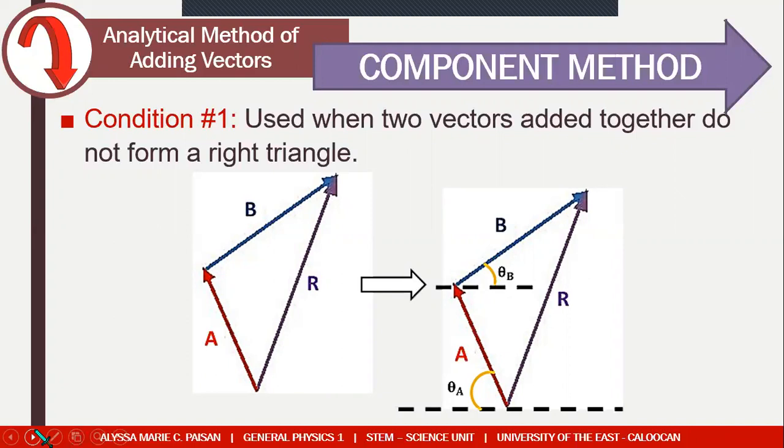So here are the conditions for using the component method. The first one is it is used when two vectors added together do not form a right triangle, just like this one. Okay, we have vector A at a certain angle and then vector B at a certain angle, and then they do not form a right triangle.